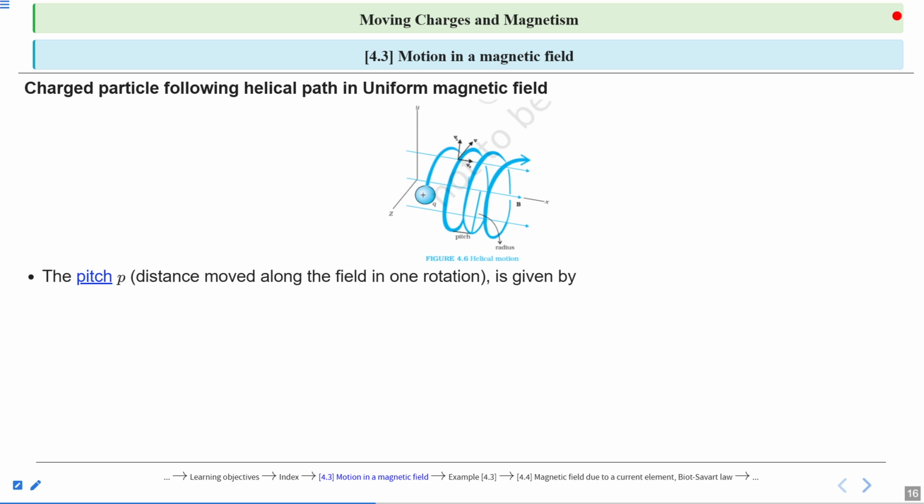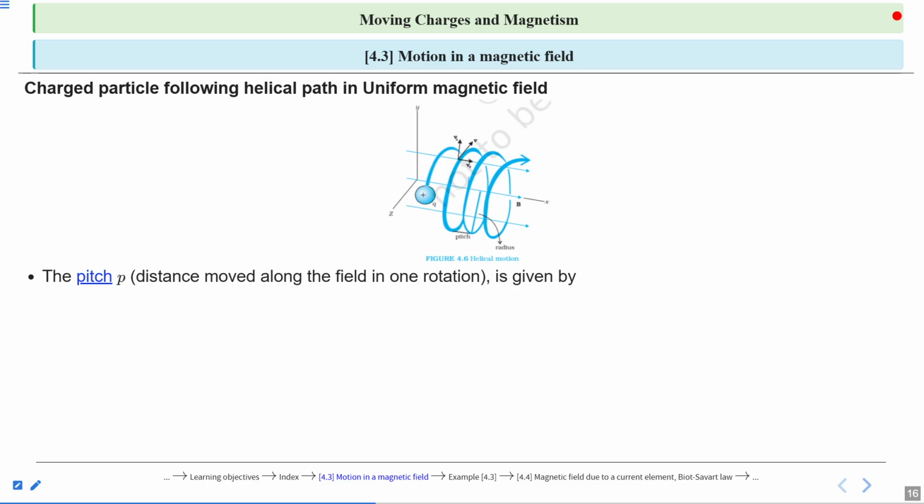Like a screw, it has a helical structure. If we rotate the screw, that helical structure will move in the circular path as well as in the linear direction.